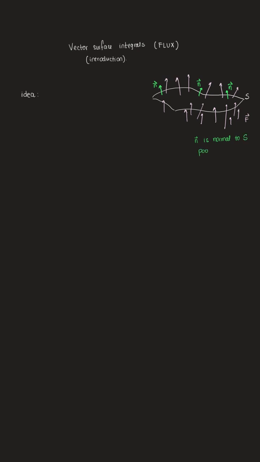All that means is that we are deciding an orientation of our surface. Our surface can either have an outside or an inside, and we're going to call the part where the normal points in this direction our positive orientation of our surface. So this is pointing outward.